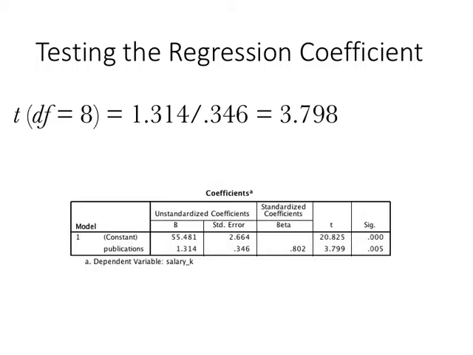It will only be the case in bivariate regression. When we add in another variable, that will not be the case. But in this sort of unique situation, beta is actually the same as the correlation between x and y.